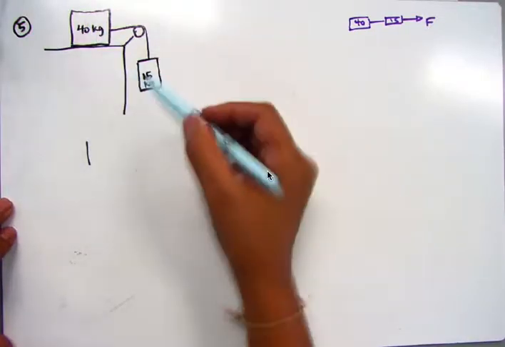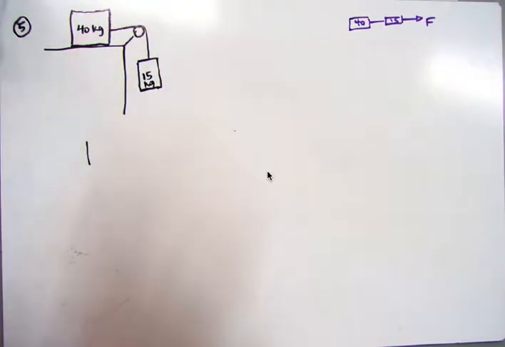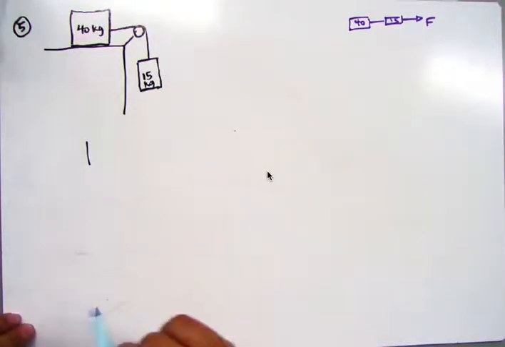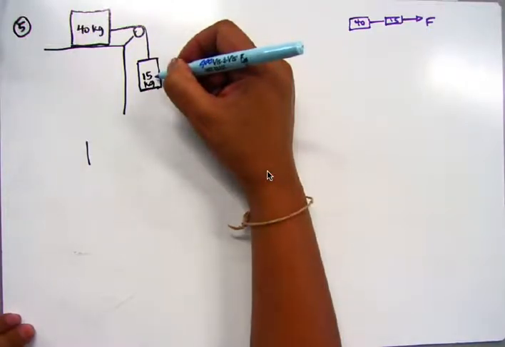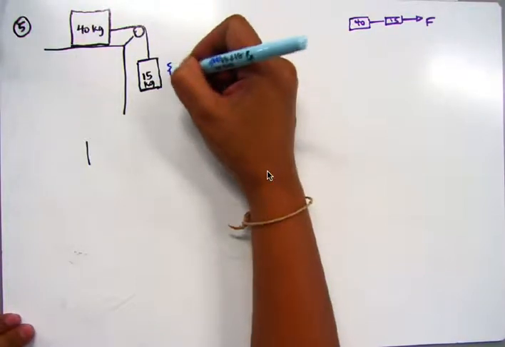Before we start treating it like a system, think about the acceleration of this object. There's no friction in this example, a frictionless table. If we let this 15 kilogram block go, what will happen? It will start to accelerate down.